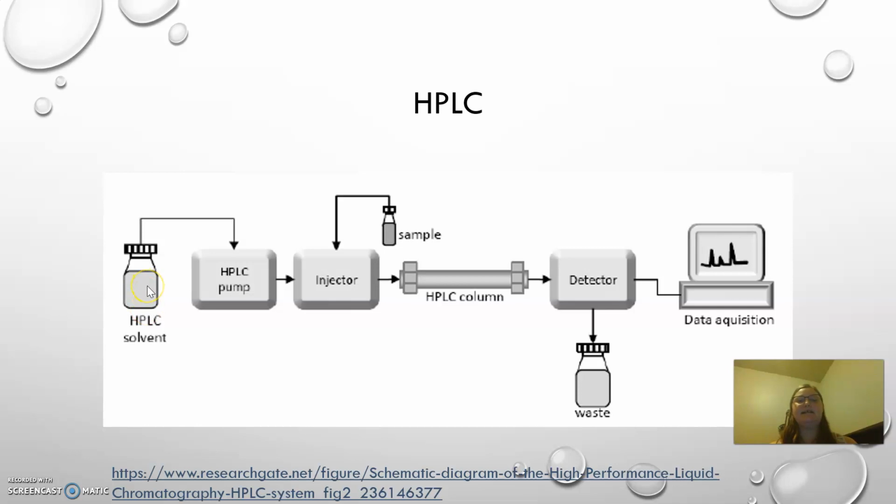So here they used the hexanol as the solvent, and they put the solvent into the pump. The pump goes through the injector into the column, and the analyte or the sample is put into the injector, and the injector also injects it into the column.